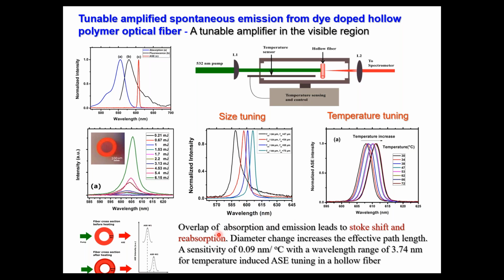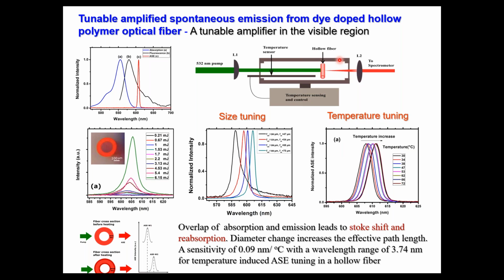That is, the length is actually increased. The interaction length of the light matter is effectively increasing. So that enhances the Stokes shift, and that results in the shifting of the wavelengths towards the longer wavelength side. And here also the second type of tuning is the temperature tuning.